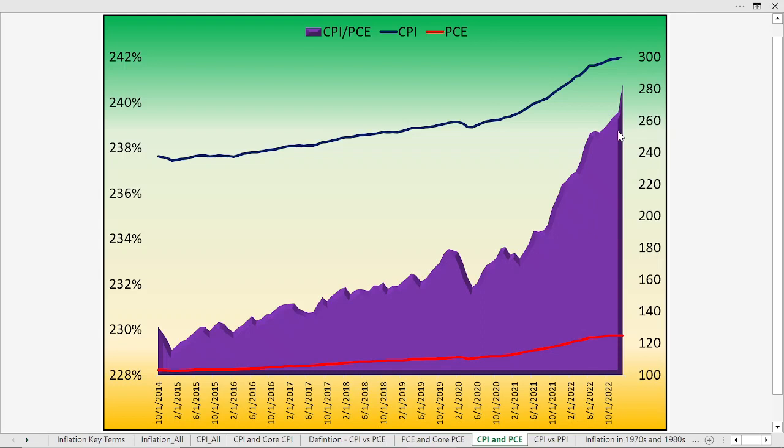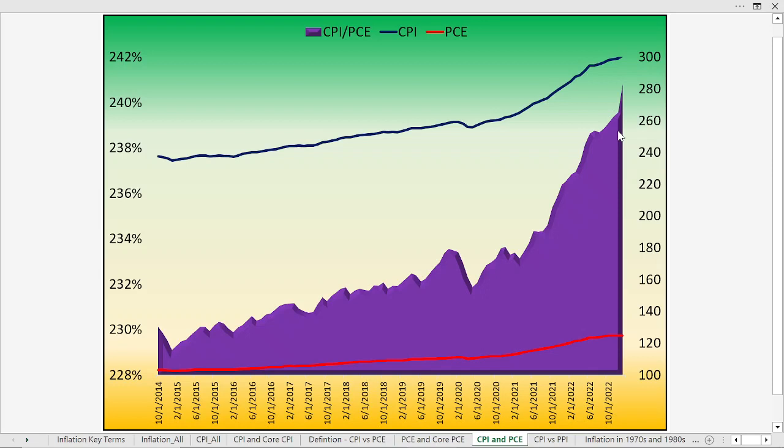Now again, remember the difference. There are a lot of differences, but one of the big differences between CPI and PCE is that CPI includes only regular households. The PCE also covers nonprofit organizations. The CPI does not include Medicare, Medicaid, employer-based insurances; the PCE does, as well as government programs. So what does this show us?